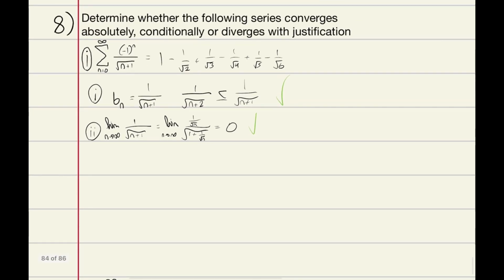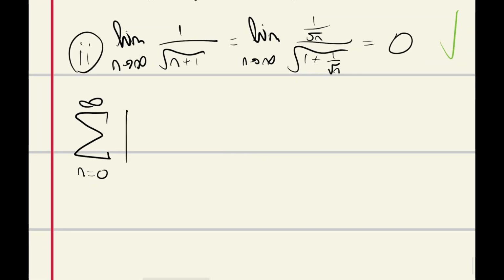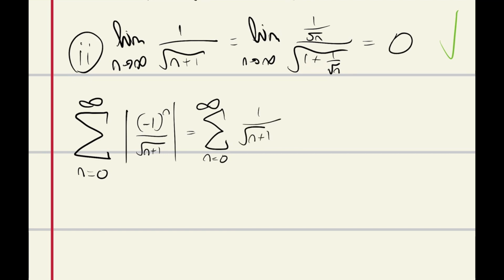Now, to see if it absolutely converges or just conditionally, we can take the series and set it into absolute values. And that would give us 1 over square root of n plus 1.